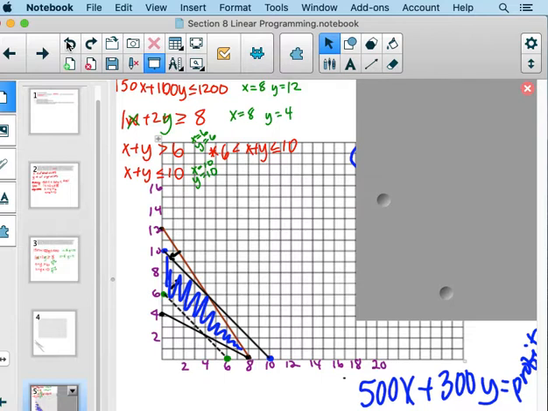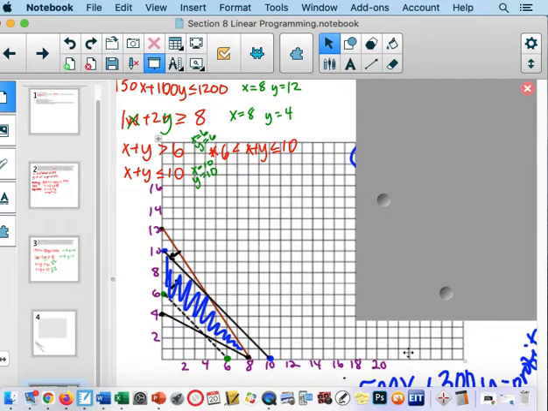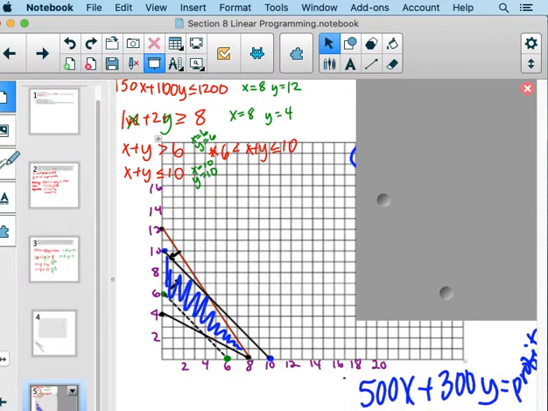And our profit on our land, for the wheat and the rye, is $500 per acre and $300 per acre. And so with that profit line, we want to find which combination of wheat and rye should I plant to make the most money. So we have ordered pairs that we want to check.